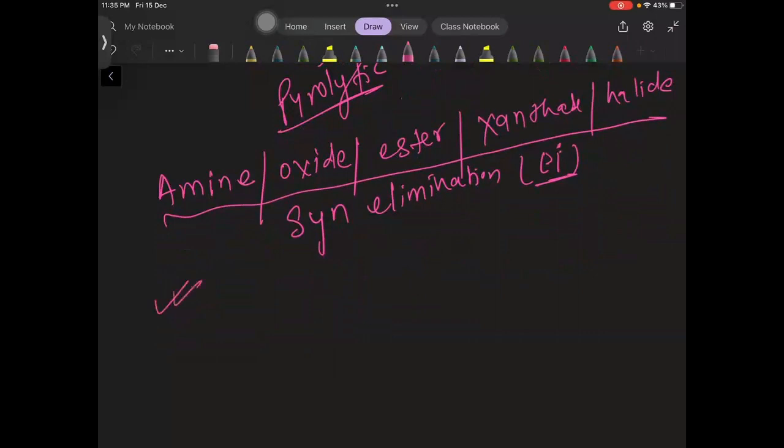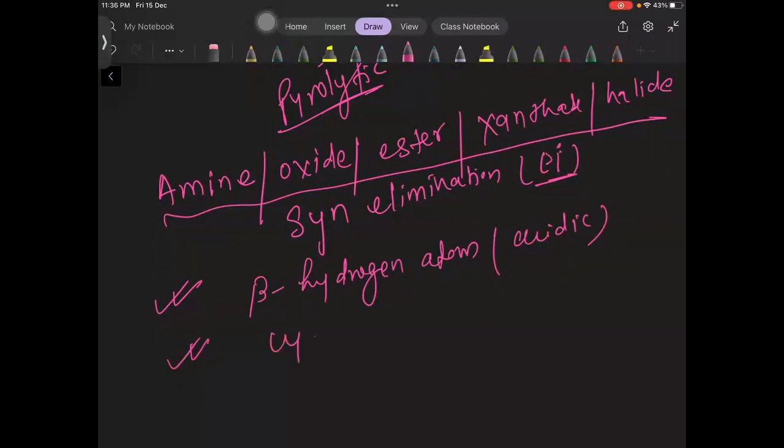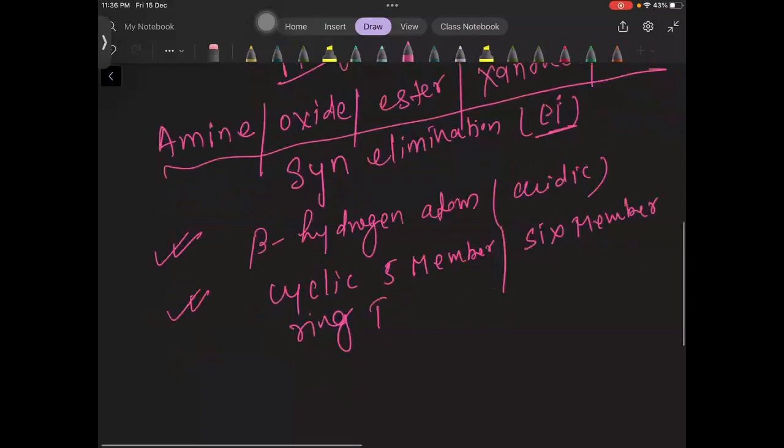As you know, since it is a part of beta elimination reactions, the first condition is that there should be a beta hydrogen atom, and that should be acidic hydrogen. Second, it will form a cyclic 5-member or 6-member ring transition state.